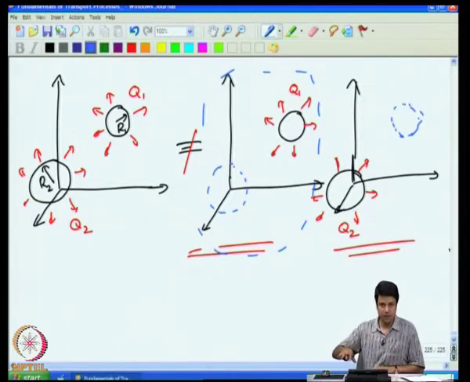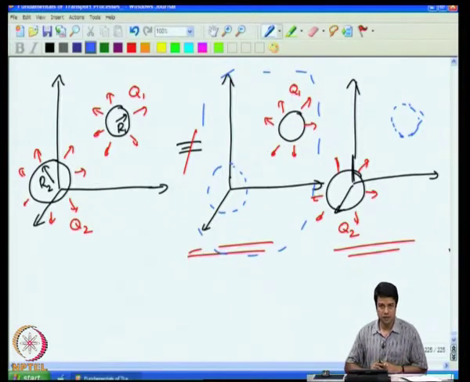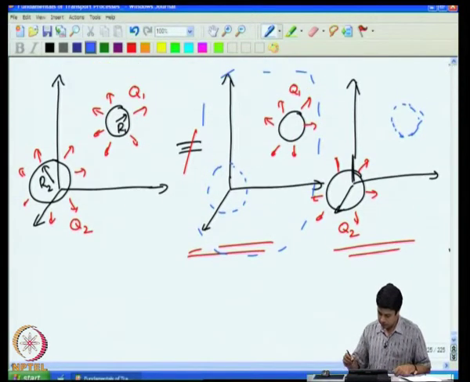So, therefore, I will have some other temperature at the location of the first particle. If I add up the two, I will not get the configuration with two particles simultaneously within the field. The heat flux on the surface of the second particle here will not be the same as the actual flux that is coming out, because there is some flux due to the field generated by the first particle, and therefore, I will not get the same.